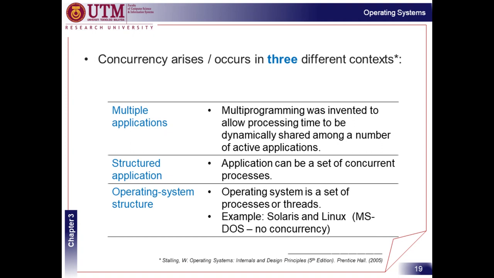For example, Solaris and Linux use concurrency to handle system calls, device drivers, file systems, and network protocols. MS-DOS, on the other hand, does not support concurrency and can only run one program at a time.